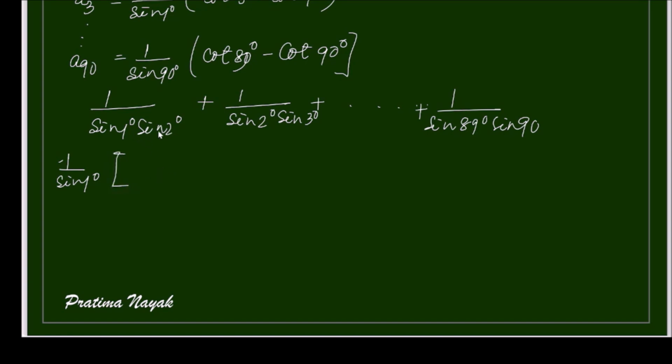In the first term, I got cot 1 minus cot 2. Second one, cot 2 minus cot 3.